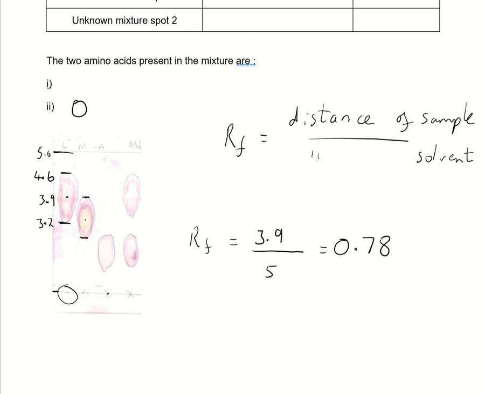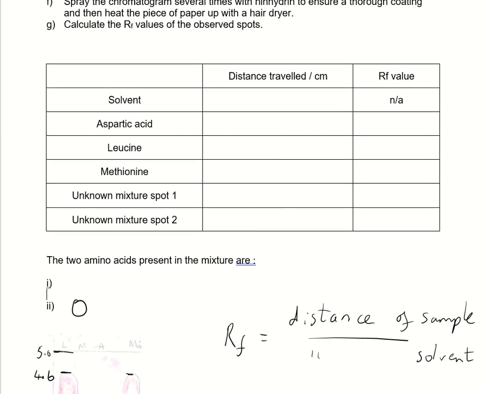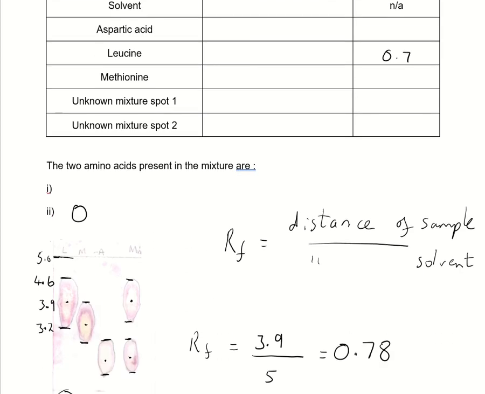So again, I'd work out where the middle is there. I'd work out where the middle is here. Like that. So I'm just going to make some numbers up. So leucine, methionine, aspartic acid. I'll say 0.78.